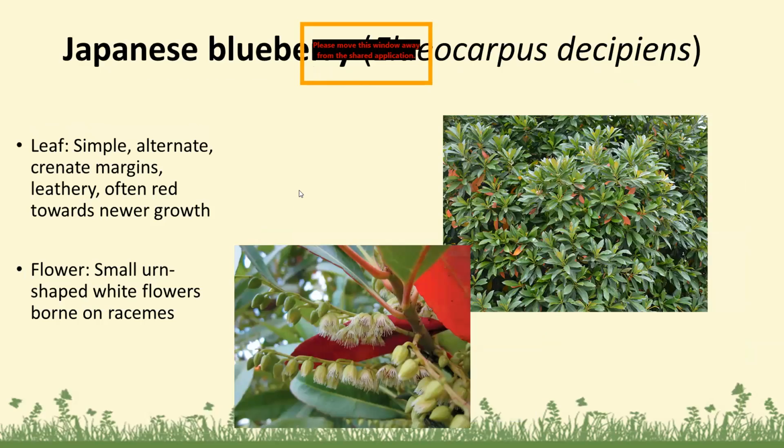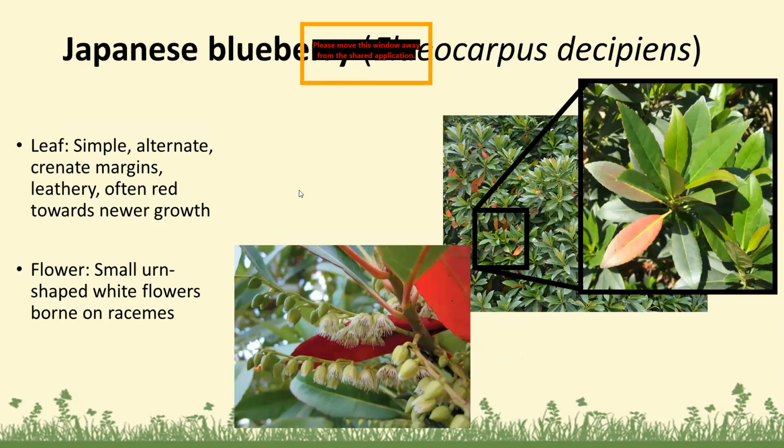So the leaf is simple and alternate. One of the things that sticks out though is that it is crenate, is what we would call this margin, kind of tooth-like. And a lot of the newer growth has red leaves on it, which makes it pop out in the environment as well.